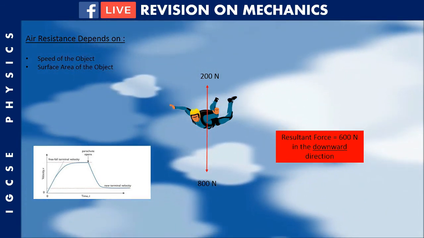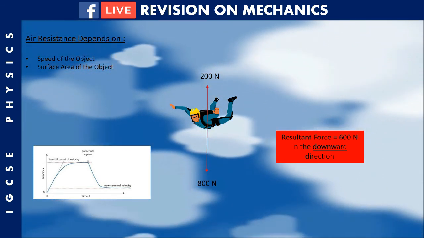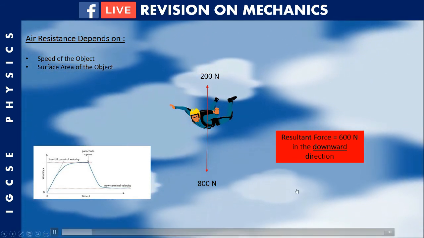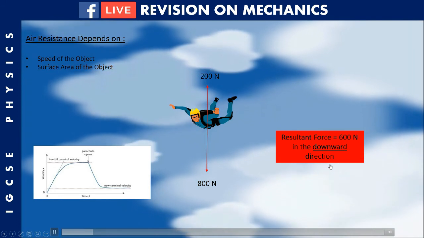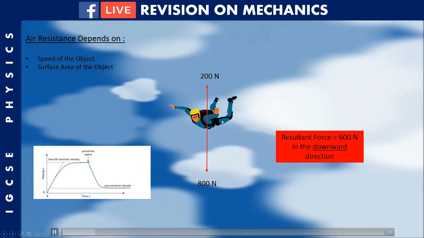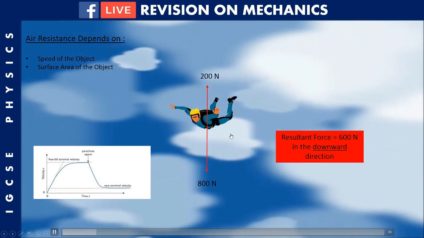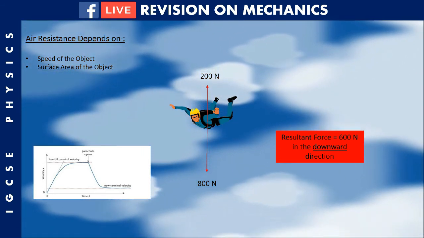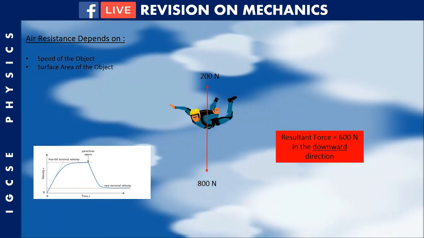Still we have a resultant force. Due to this resultant force of 600 Newton, he will have an acceleration in the downward direction. You know it is falling, so it will definitely accelerate. And acceleration means that the speed of the object will increase.